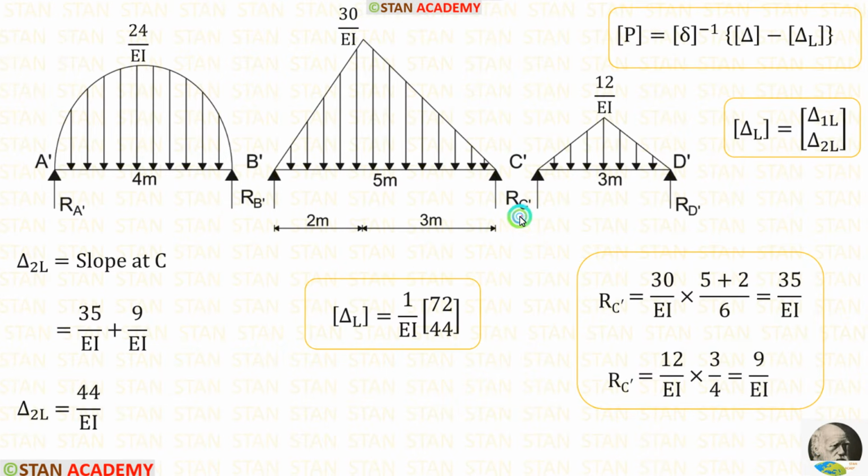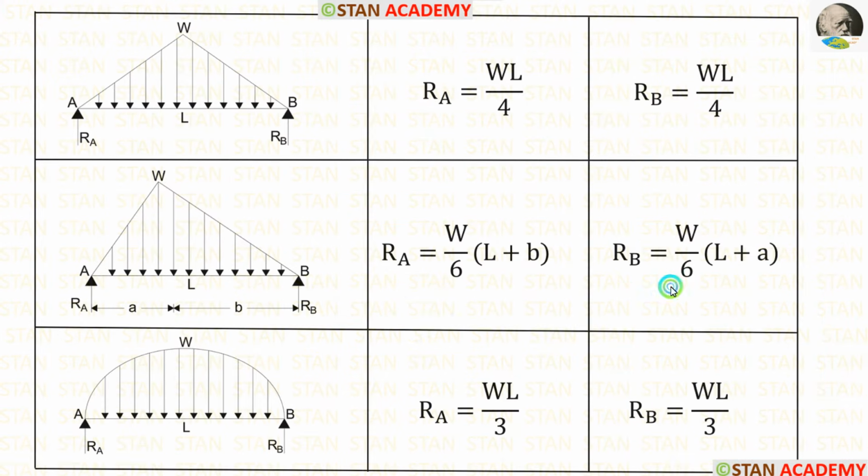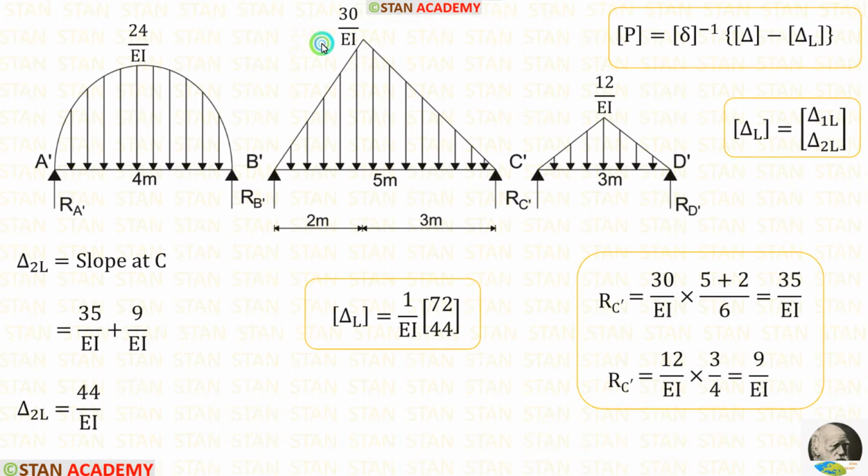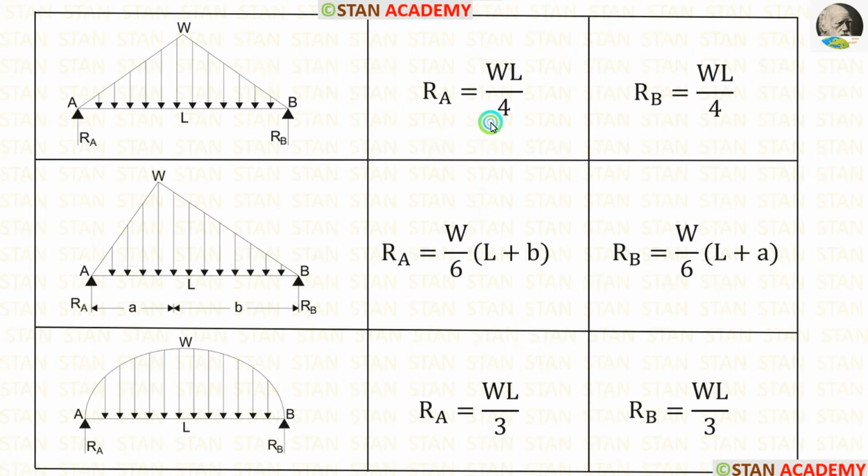Now let us calculate RC dash in this beam. The formula is W upon 6 into L plus A. Here W is 30 upon EI, L is 5, A is 2. When we apply the values inside the formula, we are getting 35 upon EI. Now let us calculate RC dash in this beam. The formula is WL upon 4.